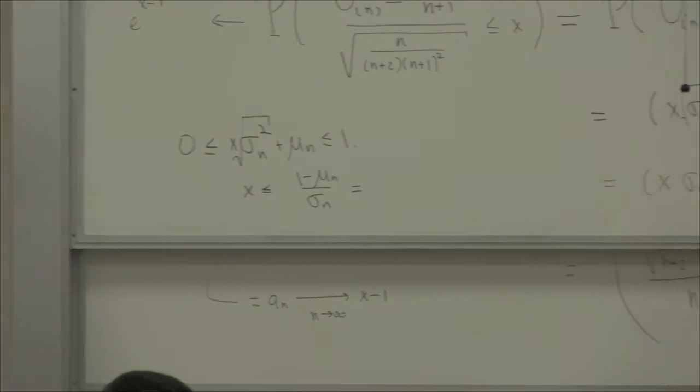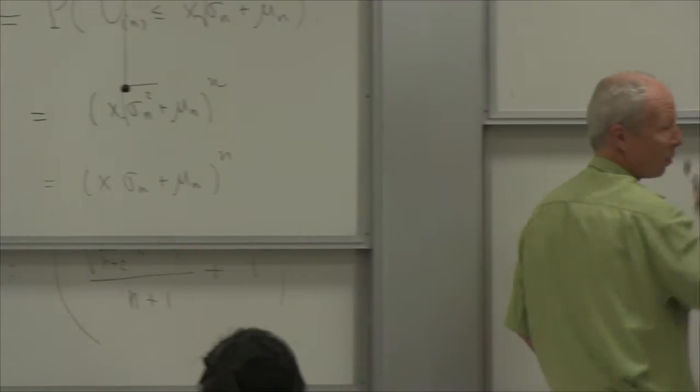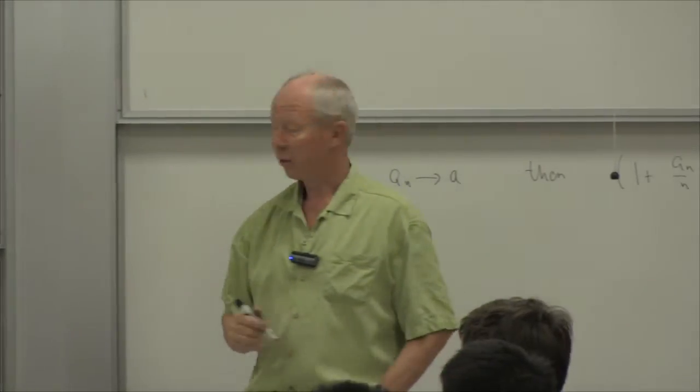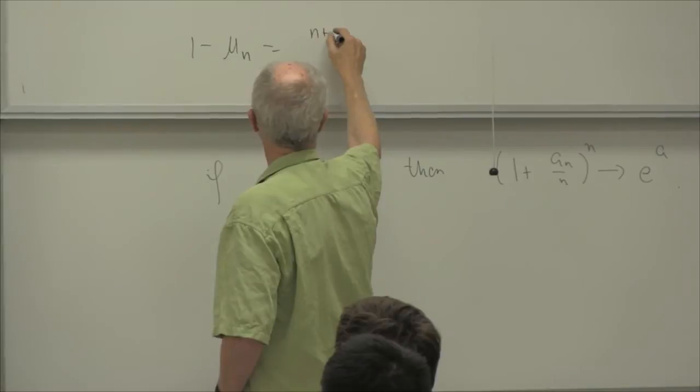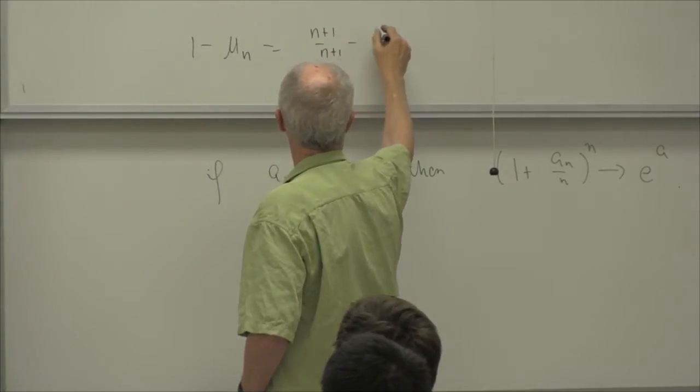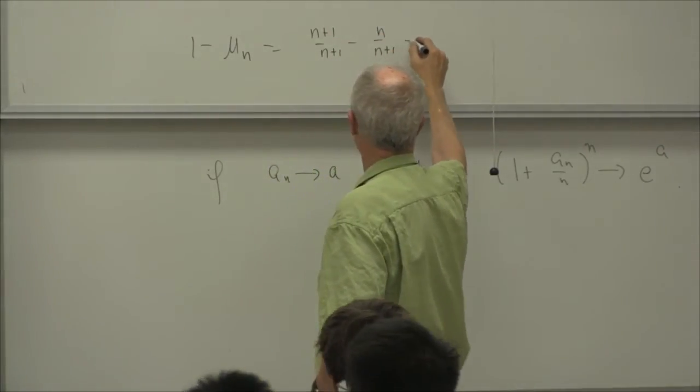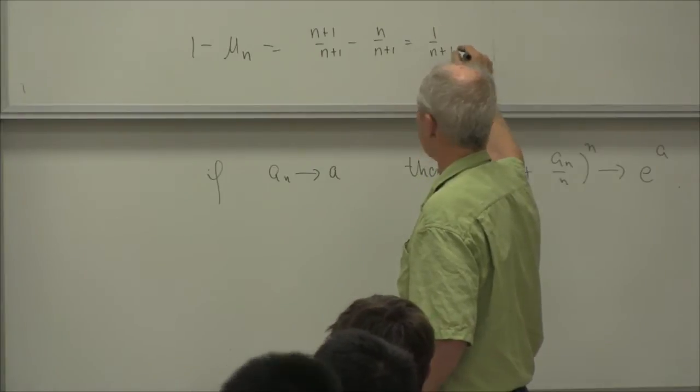What's 1 minus mu n? That's converging to 1, right? So 1 minus mu n is converging to 0. In fact, 1 minus mu n would be n plus 1 over n plus 1 minus n over n plus 1, which is 1 over n plus 1, right?